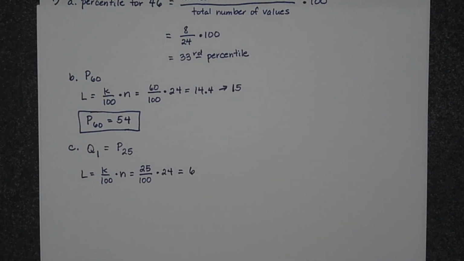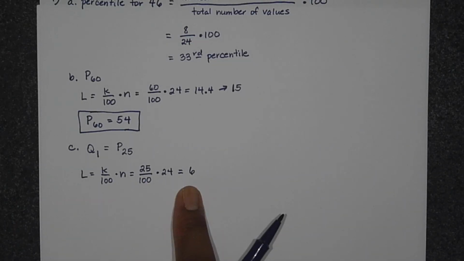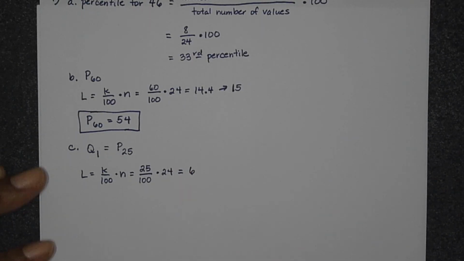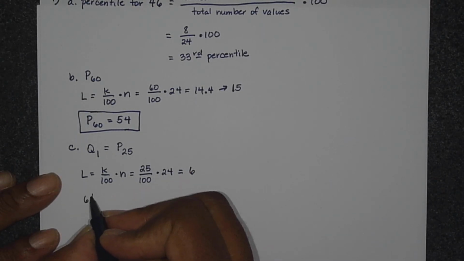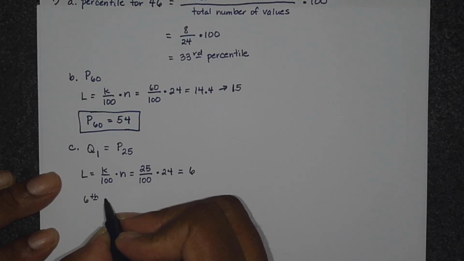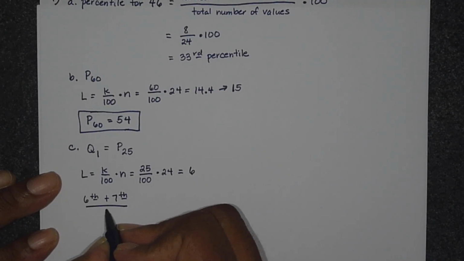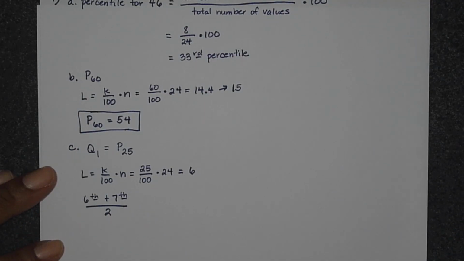So the locator is 6. Now, if this is an even number, that means we look at the position of this number and the next number after it. So that means we have to look at the 6th and the 7th number in that sorted data set and take the average of the two. That means we divide by 2.